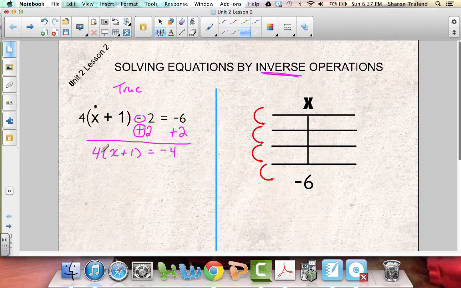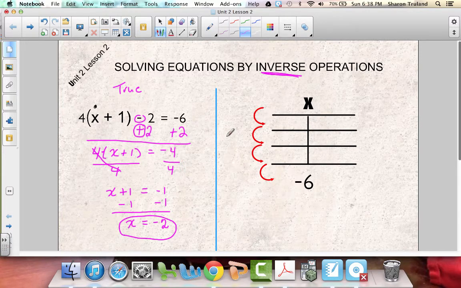Now the next thing we would do is there's multiplying here. So the inverse of multiplying is dividing. So we would divide by 4. These cross off. We're left with x plus 1 equals -1. The inverse operation of adding 1 is minusing 1. So our answer that would make this statement true is if x were a -2.